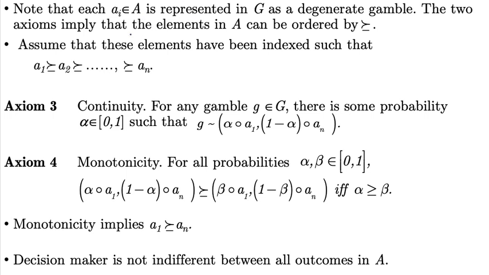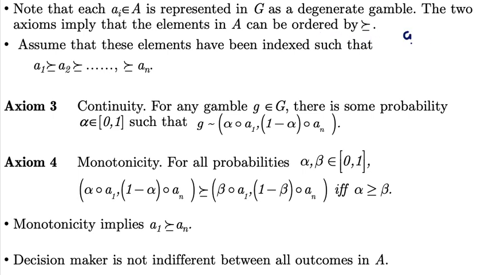When we associate each of them with probability, which is represented in the set of G, capital G, then this G is basically a degenerate gamble. The two axioms imply that the elements in A can be ordered by "at least as preferred", isn't it?